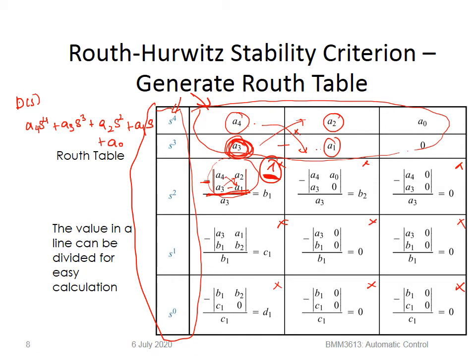So in this square, you calculate a4 multiplied by a1 minus a3 multiplied by a2, with a minus in front of everything, divided by a3. We will call this value b1 for the moment.